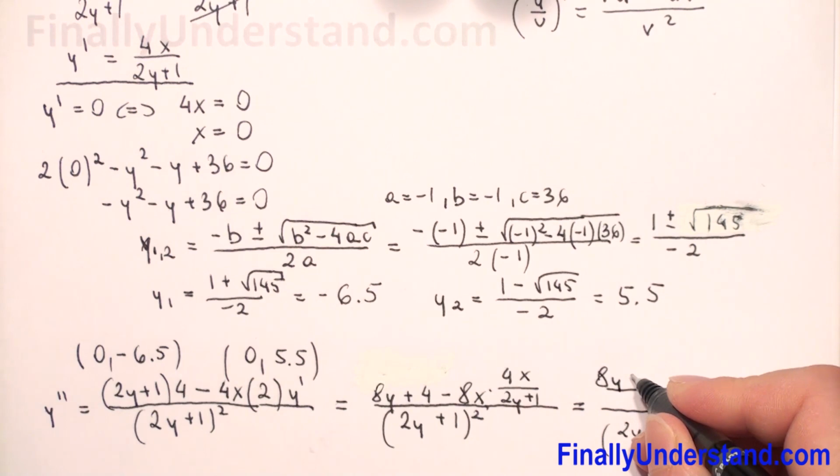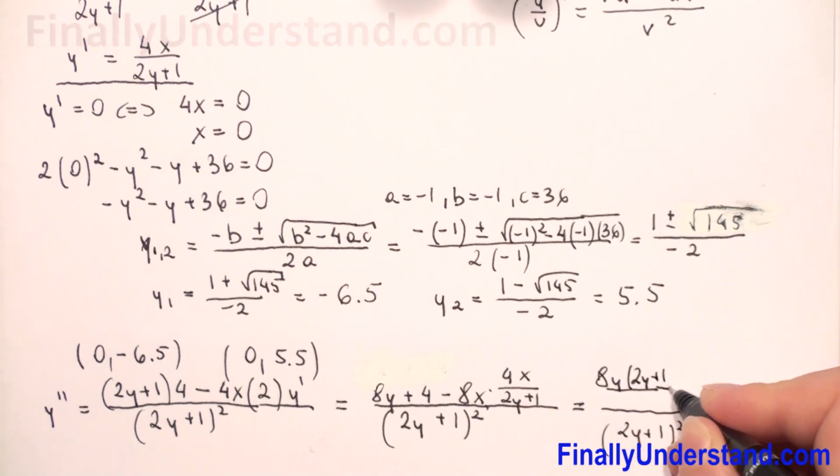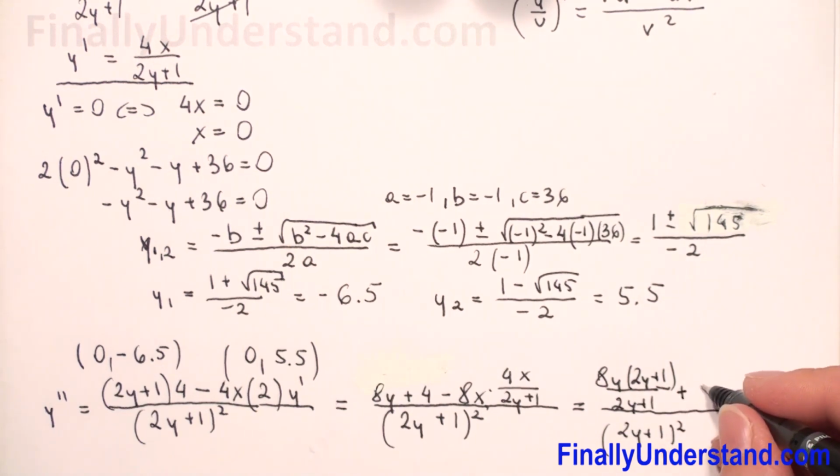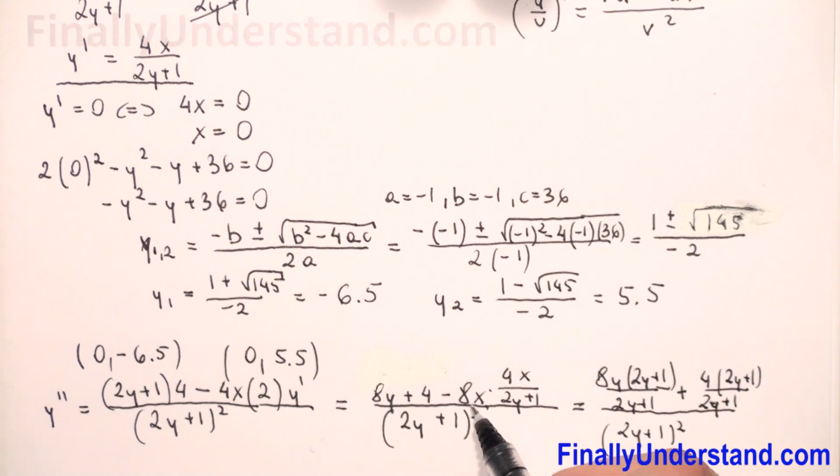So it will be 8y times 2y plus 1 over 2y plus 1, plus 4, and I have to do the same, times 2y plus 1 over 2y plus 1, and 8x times 4x is 32x squared over 2y plus 1. When we have the same denominator, we can add and subtract the fractions. So this is equal.